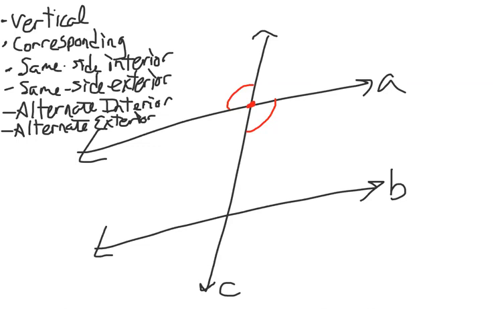All right, so verticals have to look just like that. You could put them over here if you wanted. That's fine. But a lot of times kids like to say that these are vertical, and they're not. They don't have the same vertex, do they? No. So those do not count. They have to share the same vertex, okay?